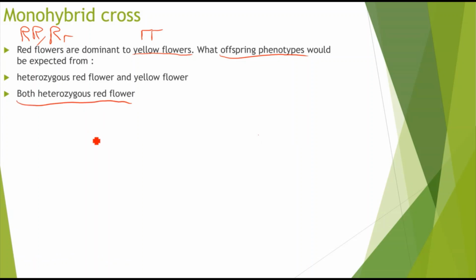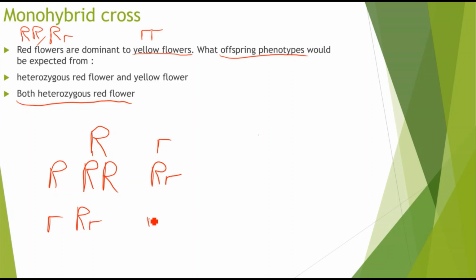So in this case again, I'm just going to quickly write down the gametes for these. That will be capital R and a lowercase r, and a capital R and a lowercase r. So we're going to be crossing both of them now. That would be a homozygous dominant, so capital R, and a heterozygous now, and finally a homozygous recessive now.